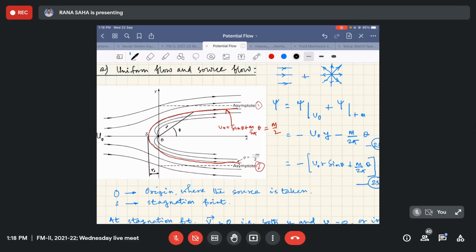But we are going to focus more on the outside of this streamline, as I said, to have knowledge of a body shape, and if it is subjected to uniform flow, what will be the resultant streamlines passing over the body. So this knowledge we get from a purely mathematical exercise.